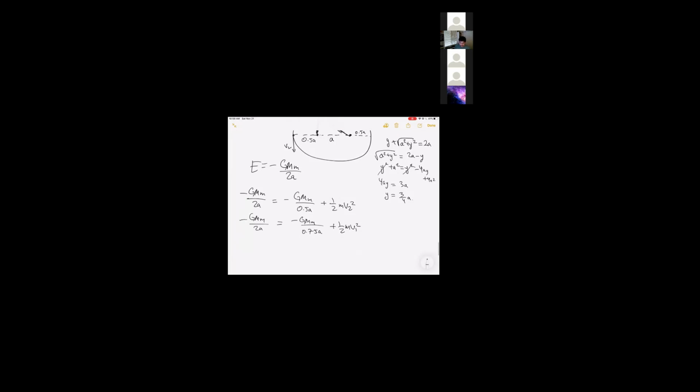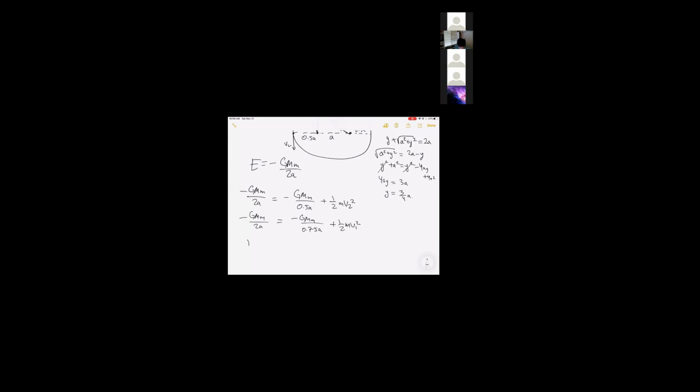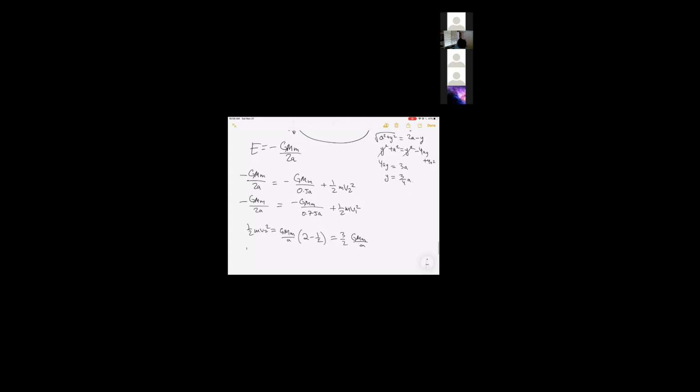So let's just do out the calculation. 1/2 m v2 squared is equal to GMm over a times 2 minus 1/2. So it's equal to 3/2 GMm over a. Four thirds minus 1/2. So that's equal to 5/6.